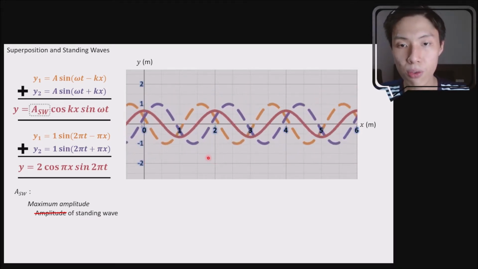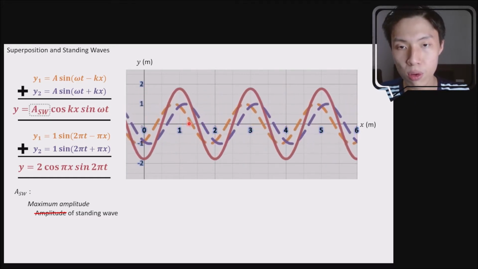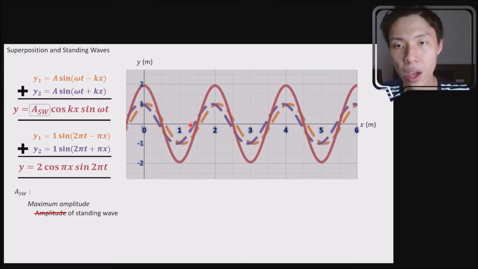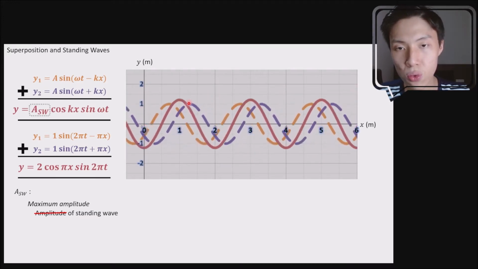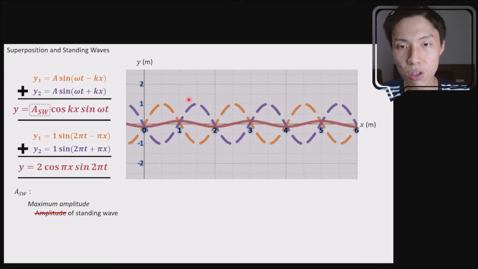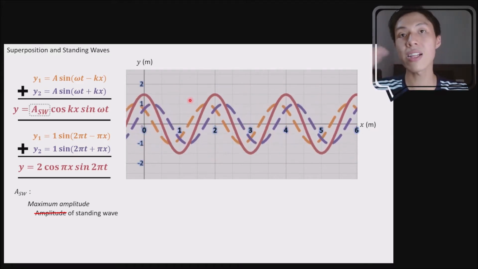But let's say if you're focusing at point 1.25, which is over here, then if you measure, the amplitude is somewhere not reaching 2. At x equals to 1.25, you can see that amplitude is somewhere around here. It's definitely less than 2.